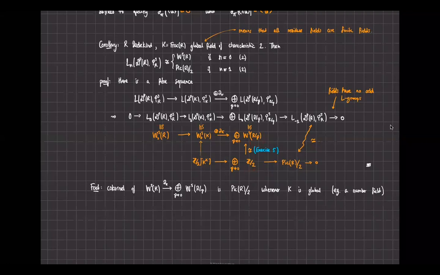And now you do the following fun trick. You know that every element in K cross, the units of K, gives rise to an element in the symmetric Witt group. And also you already know that K is a field of characteristic 2, so it's an F2 algebra. So this group is definitely 2 torsion, right?